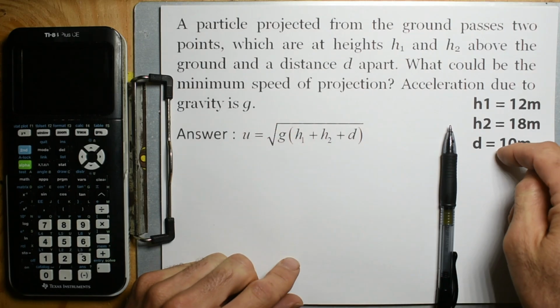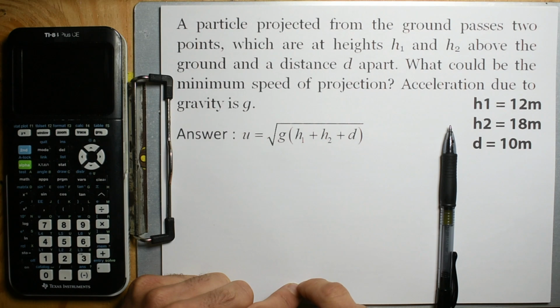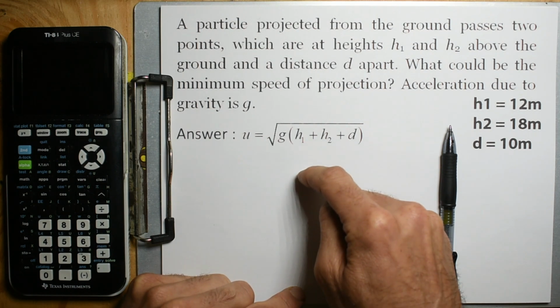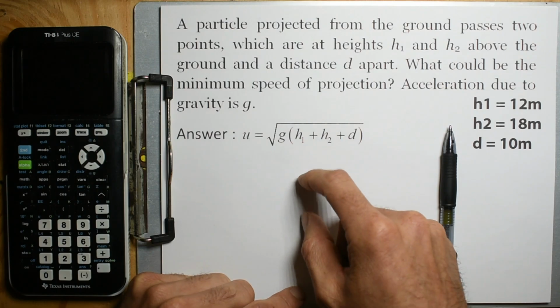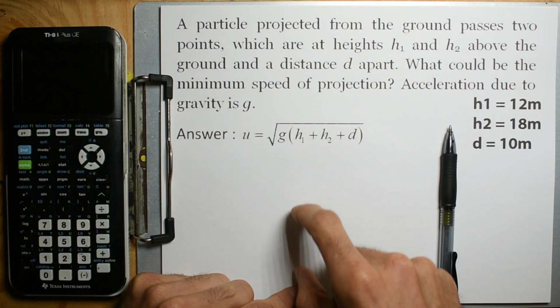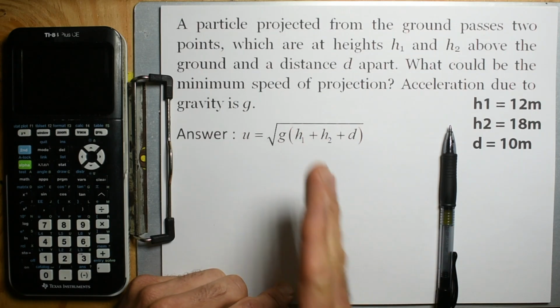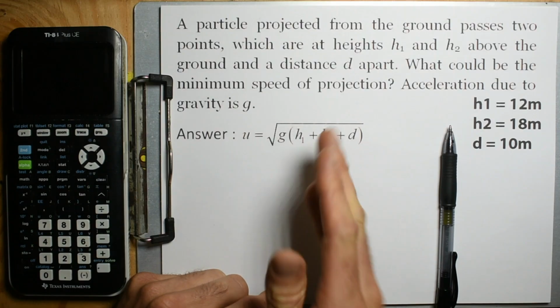But now if I'm doing this new problem, I can take that back into consideration where I can project this up, hit 12, hit 18, and then come back down, but the distance between those is only 6 meters. I need the distance between them to be 10 meters, and so the only way to do that is to have this projectile angled a little bit.